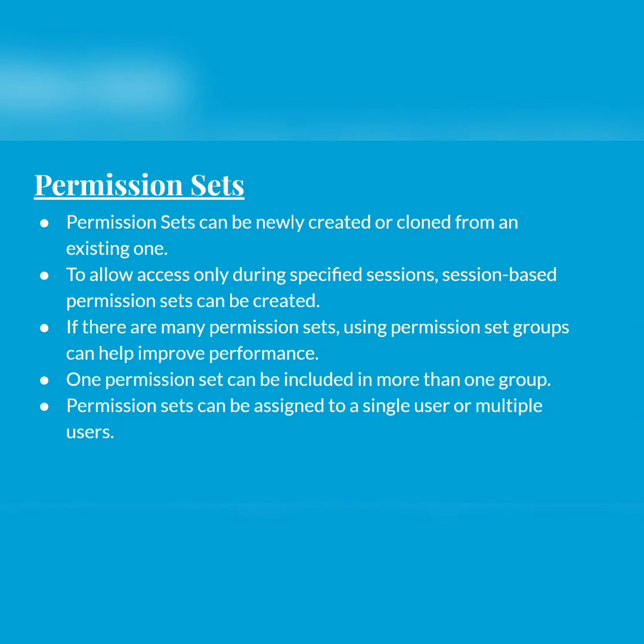One permission set can be included in more than one group. If you have included one permission set in one group, you can also add that particular permission set to another group as well. This is the flexibility you have, that you can juggle between those permission sets.